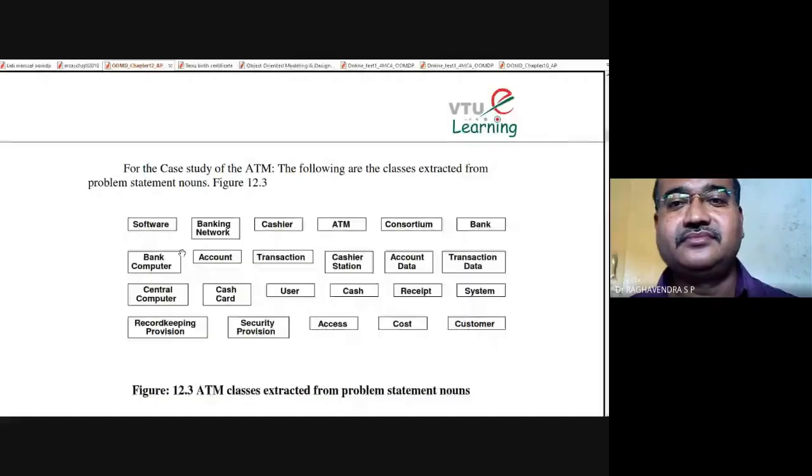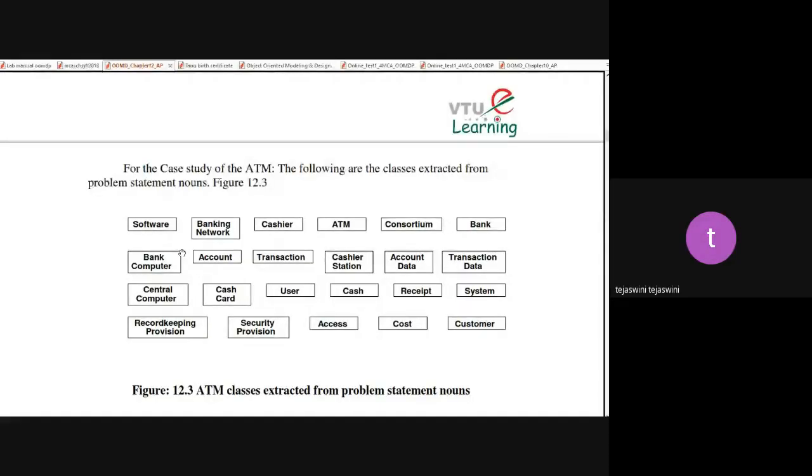All those things I am going to discuss now. I am going to share the PDF. Can you see the PDF, dear students? Yes, sir. Fine.